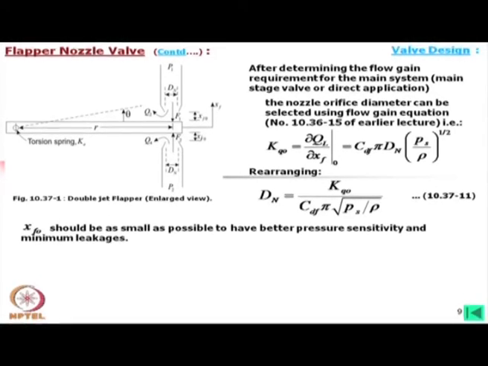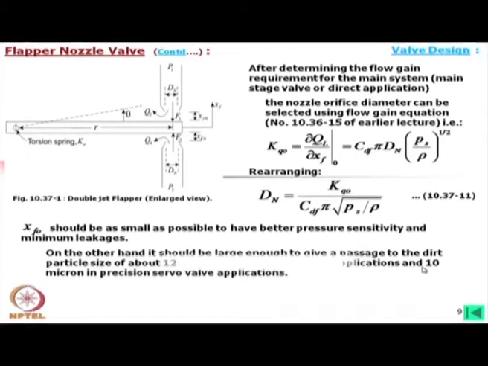Now, X F 0 should be as small as possible to have better pressure sensitivity and minimum leakage. On the other hand, it should be large enough to give a passage to the dirt, because basically a flapper valve is used to allow the dirt. Particle size of about 120 micron in general purpose application and 10 micron in precision servo valve applications.